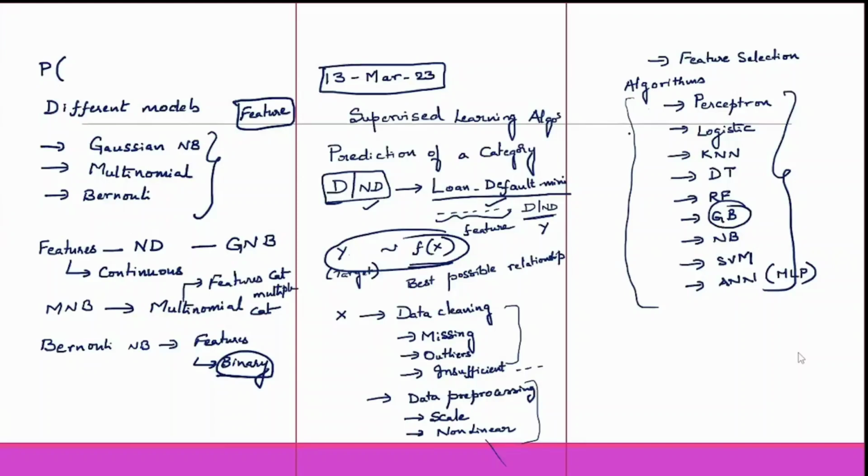Now, in each of these algorithms, the mechanism that has typically been used is more or less similar. We have been using the scikit-learn library, and this scikit-learn library has a fixed format in which all these algorithms can be used. So we have gone into the writing of the various algorithms and running them.